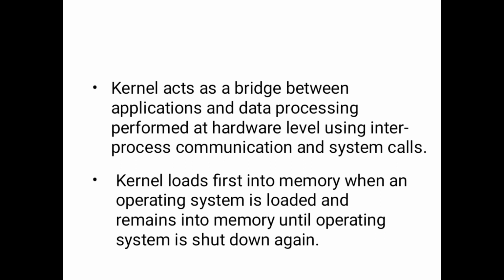Kernel acts as an interface and provides communication between different processes and system calls. Okay, as I discussed with you, kernel loads first into the memory and the operating system is loaded then, and remains in memory until the operating system shuts down again.